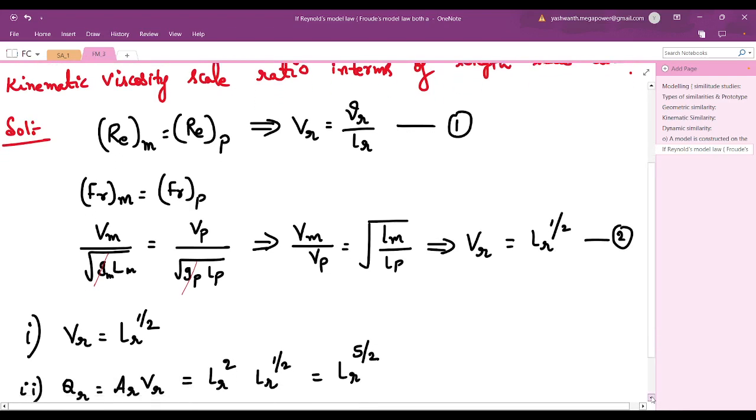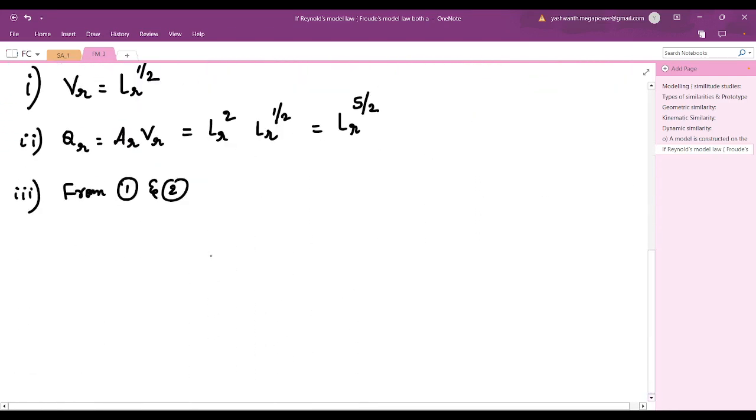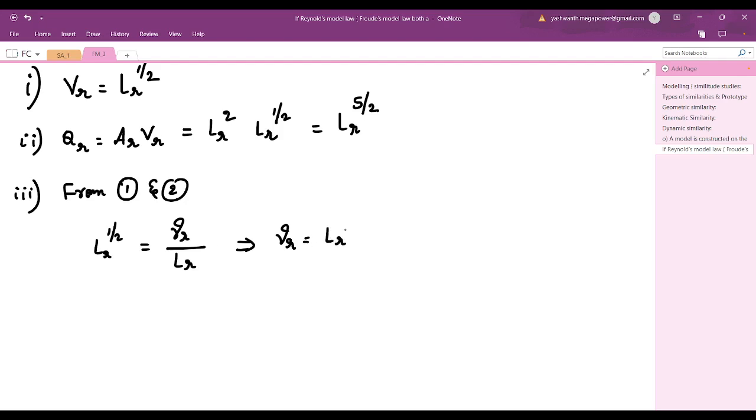So from 1 and 2, therefore I will write LR power 1 by 2 is equal to nu R by LR. Therefore, kinematic viscosity scale ratio is equal to LR into LR to the power 1 by 2, which is LR power 3 by 2, right?